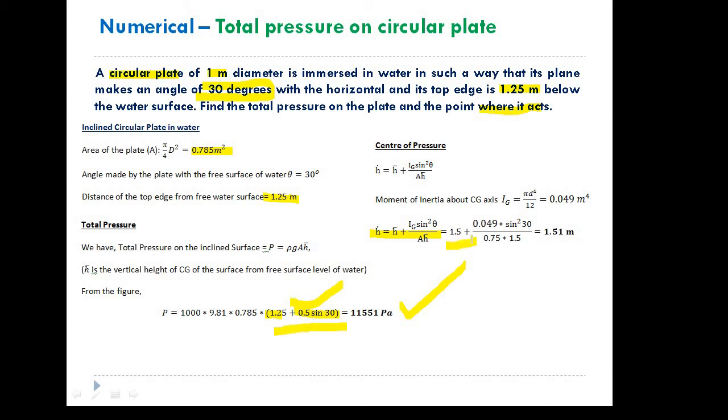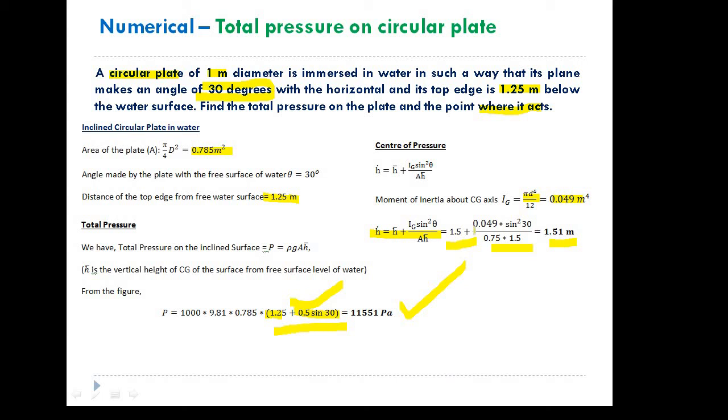Then how to get Ig for a circular plate? Moment of inertia about the central axis, or axis passing through the center of gravity, is pi d raised to 4 by 12, that will give you 0.049 meter raised to 4. So h bar plus Ig sin square theta divided by A h bar will give you 1.51.